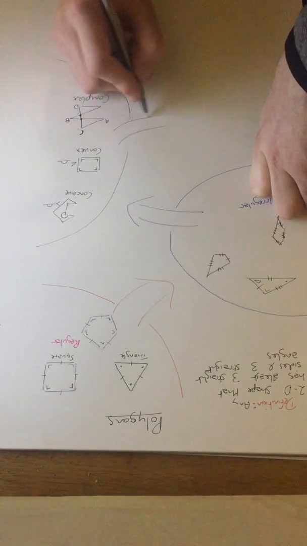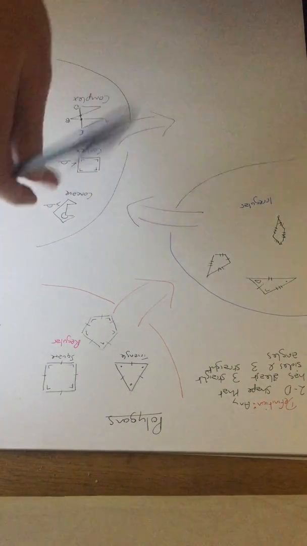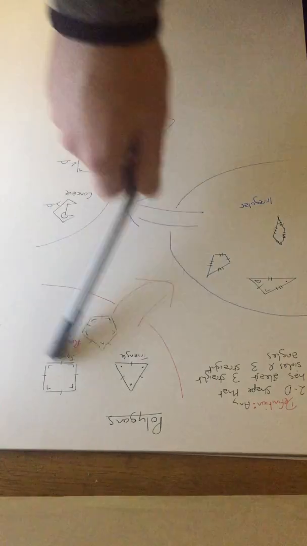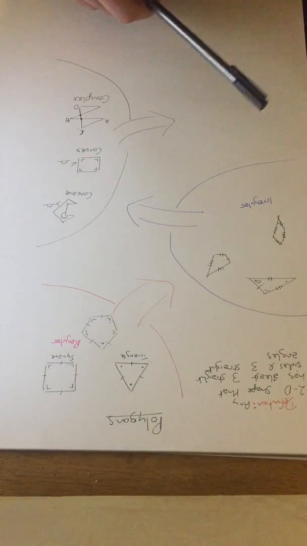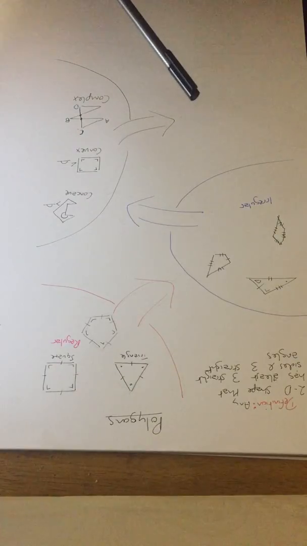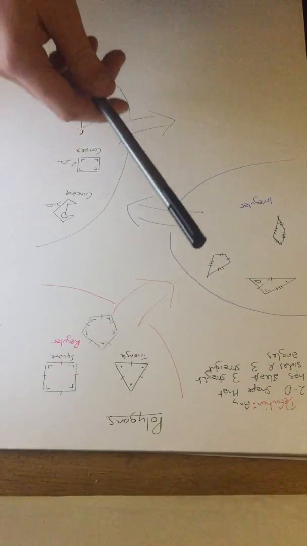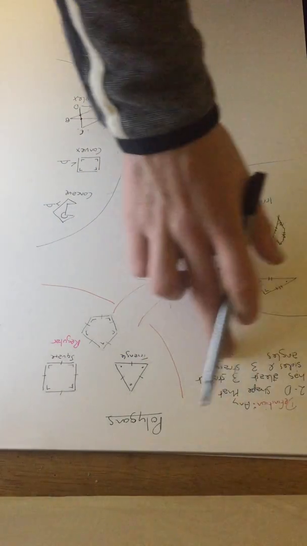Looking at the first three steps we did, we talked about regular ones, irregular ones, and complex ones. They're all to do with actual polygons. And the last step, we're going to talk about what makes it impossible for shapes to be classified as a polygon, so any shapes that don't fit this criteria.